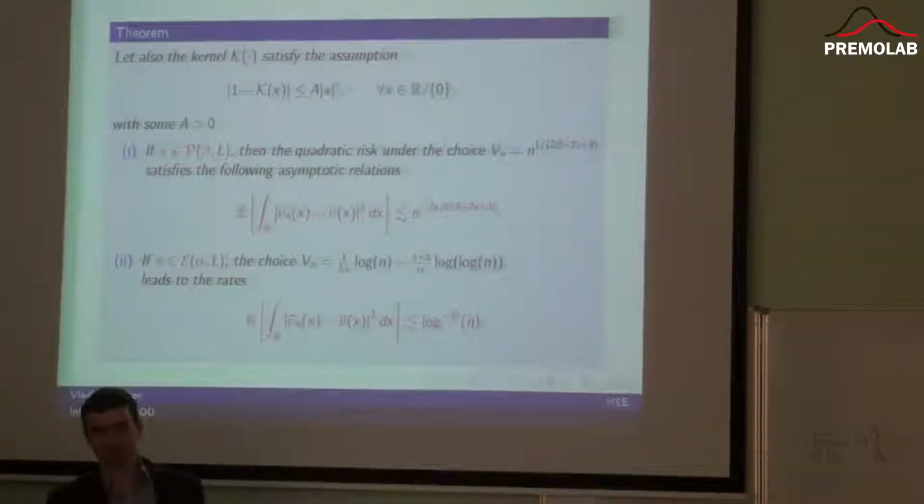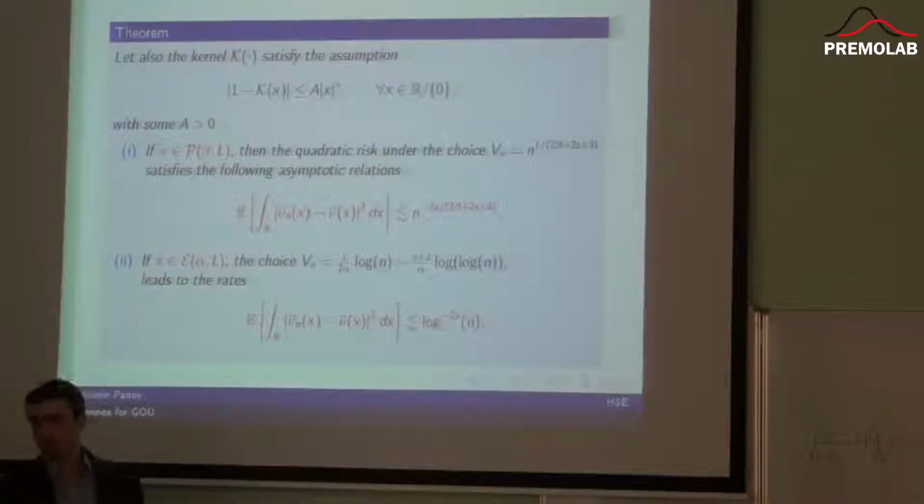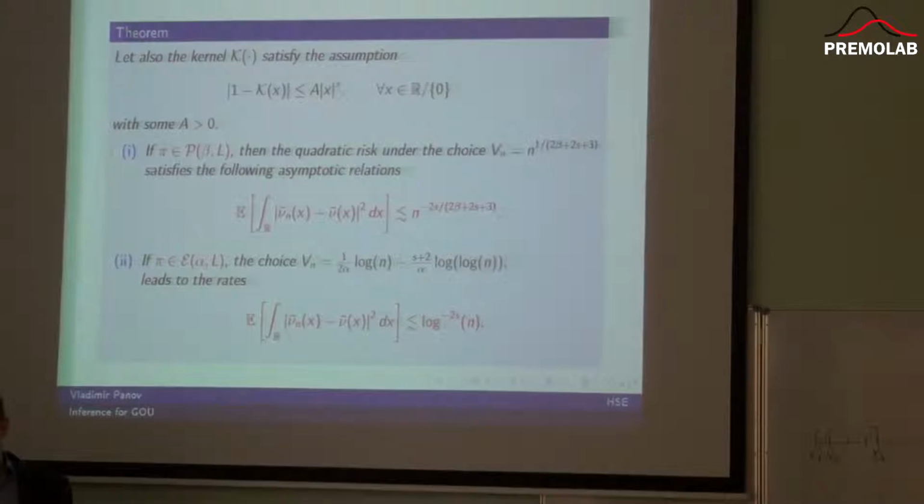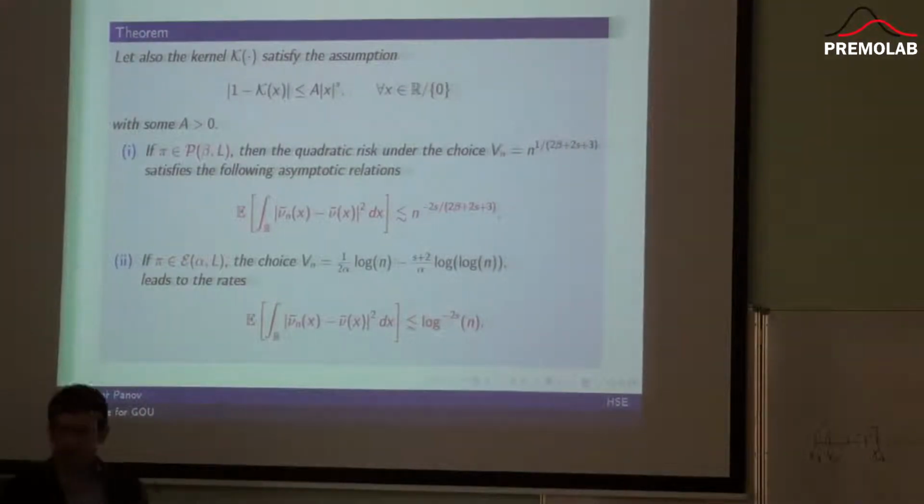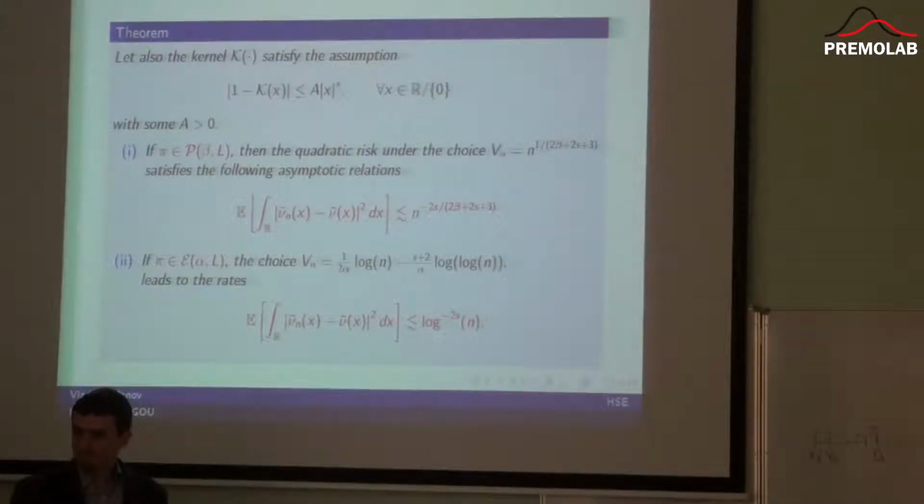We have alpha mixing. I don't believe that this additional log comes from the Davydov inequality, because usually the bounds are exponential or something like that.